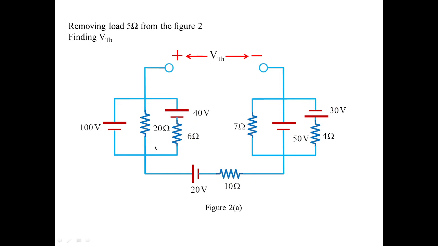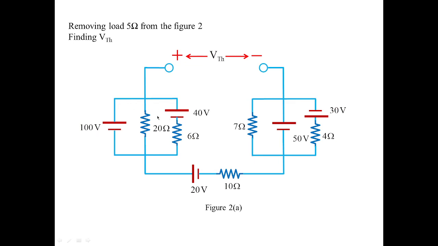Now we have to remember the main concept here: the voltage in a parallel circuit will remain the same. Since 100, 20, 40 with 6 ohms are all in parallel, the dominating voltage will be 100 volts. So this 20 and 40 in series with 6 ohms can be eliminated with 100 volts.